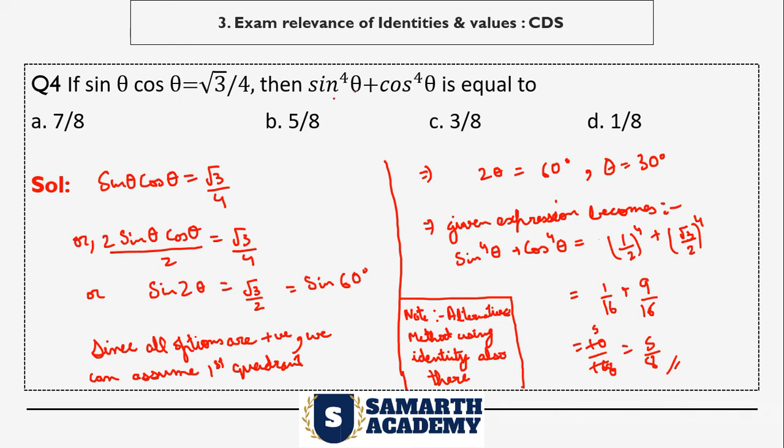If we convert it to sine square whole square plus cos square whole square minus 2 cos square sine square plus 2 cos square sine square, then that would become the identity, and we'll be able to solve using that as well, simply substituting the value of sine theta cos theta in the equation. So yes, we have an alternate method of solving.